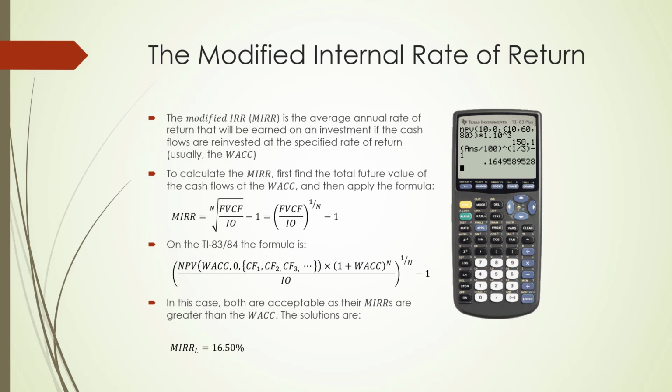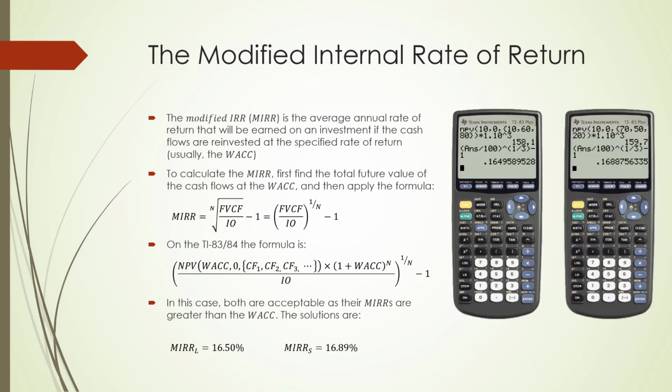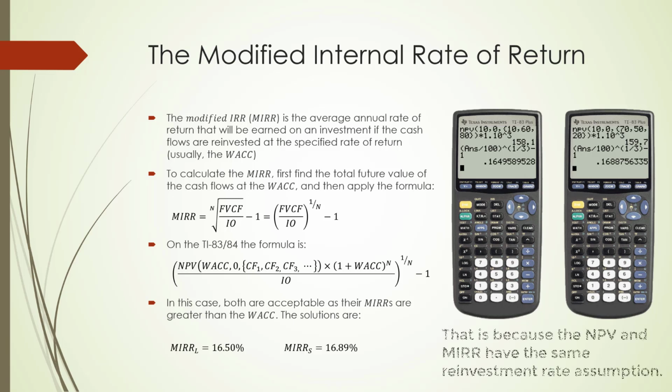For franchise S, we do exactly the same thing, except of course we use the different cash flows, and here you can see that, and we get 16.89%. So if you'll recall, franchise S had a little bit higher NPV than franchise L, and we see the same thing here. S has a higher MIRR than L, and so if we had to pick between L and S, S would be the better choice.